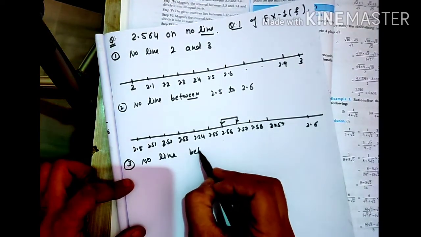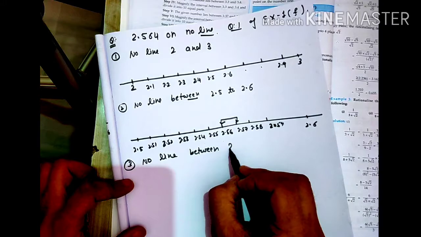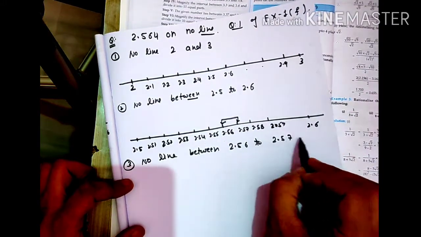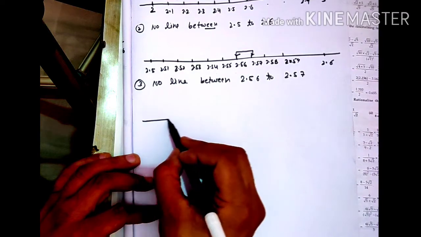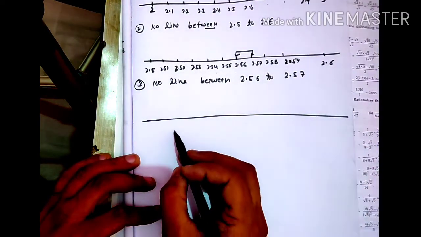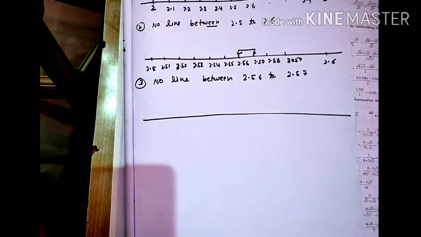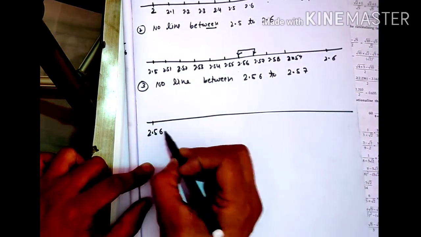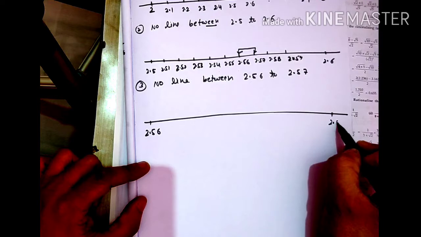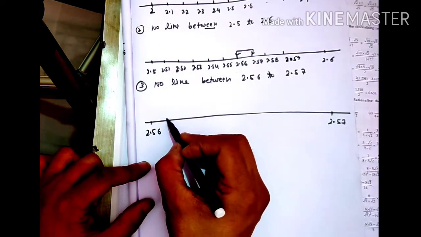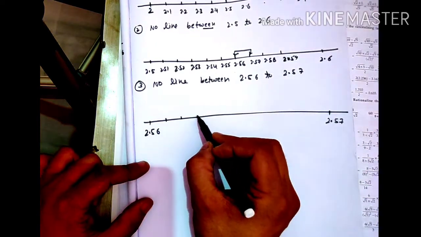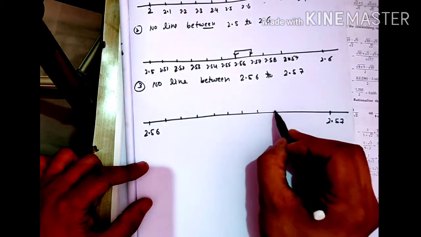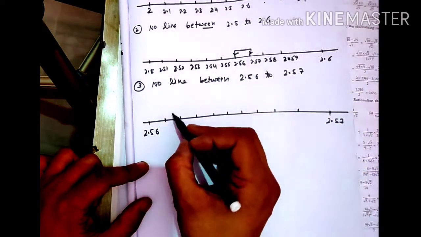Now the third step: make a number line between 2.56 and 2.57. Again make a number line from 2.56 to 2.57, and similarly make 10 equal parts.